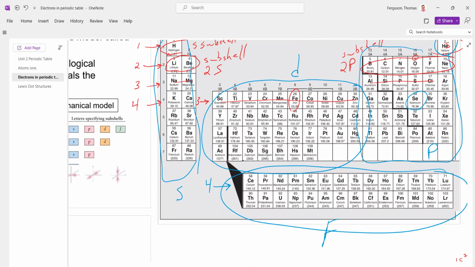So we're looking at 1s1 and 1s2, 2s2, 2p6, 3s2, 3p6, 4s2, 3d10, 4p4.